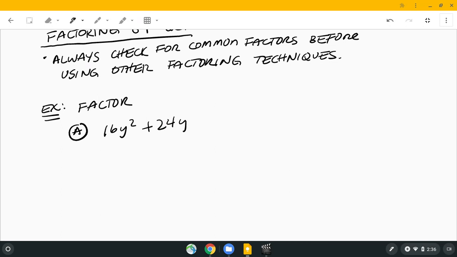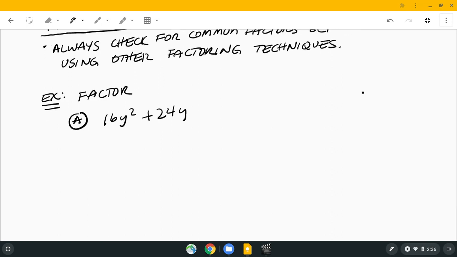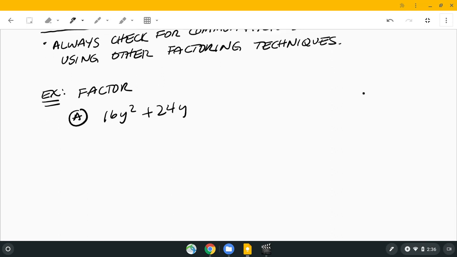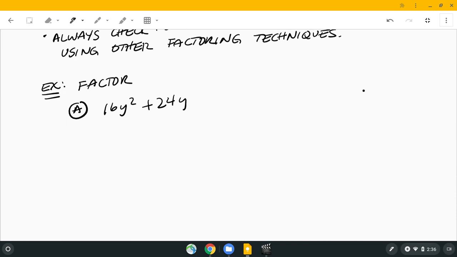So what I'm doing here is really trying to work backwards from the distributive property. It's kind of like you're trying to figure out what got distributed to give you this answer. Okay, and the way you figure it out is by looking at the two terms and trying to find what they have in common. Okay, so you can start with the numbers 16 and 24.